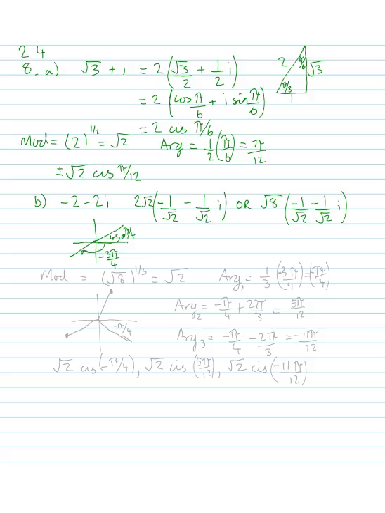So the modulus is equal to root 8 to the power of a third, which is equal to root 2. So that one's not too hard. The argument, on the other hand, is a little more complex because we need obviously an argument that is a third of that one.